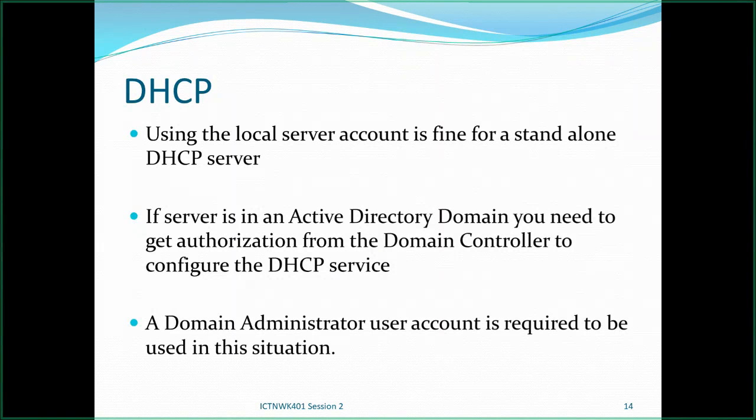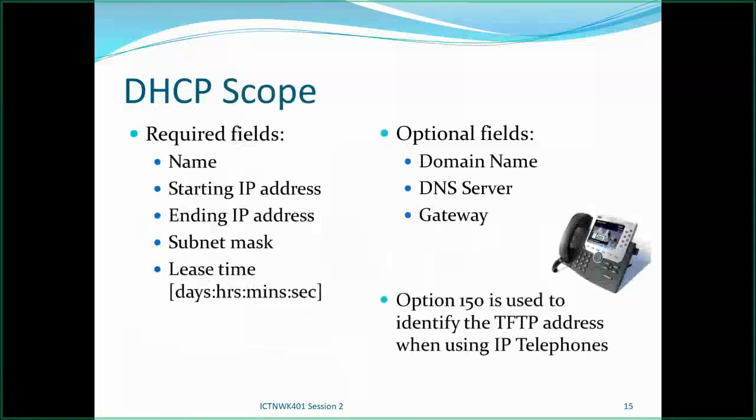So what's the DHCP scope? Within the scope, we have required fields, and basically we need to name the pool of addresses that we're going to have. We need to specify the starting IP address, the ending IP address, what the subnet mask is, how long that lease is.